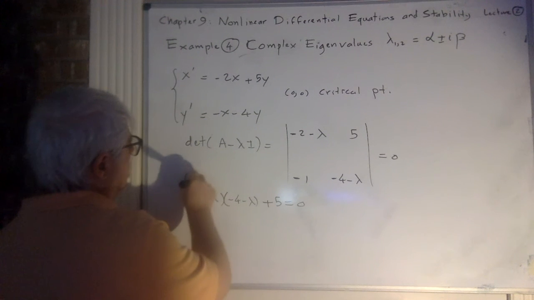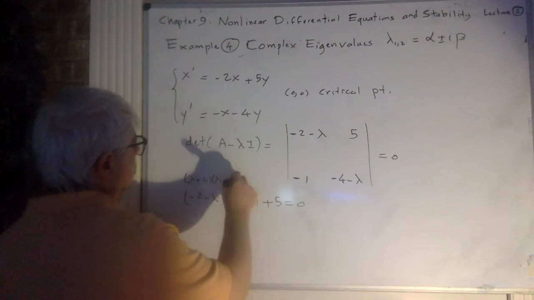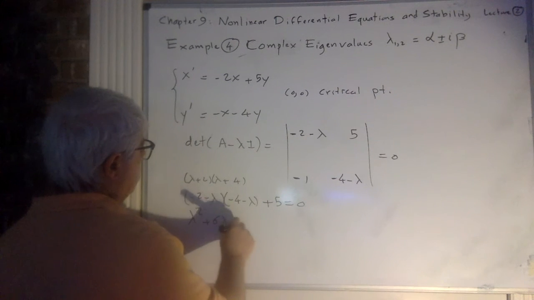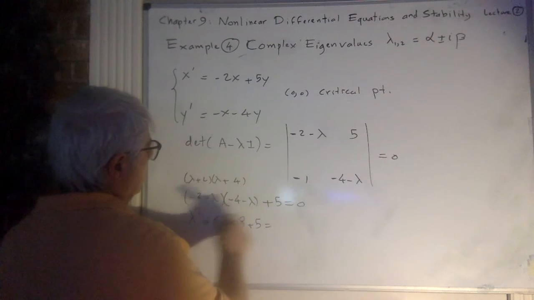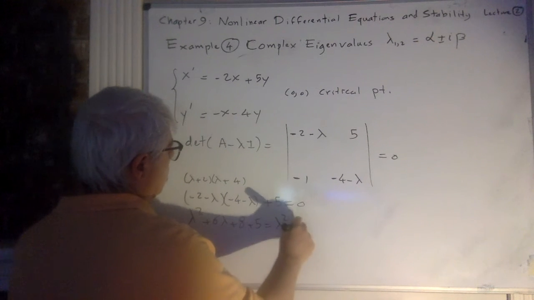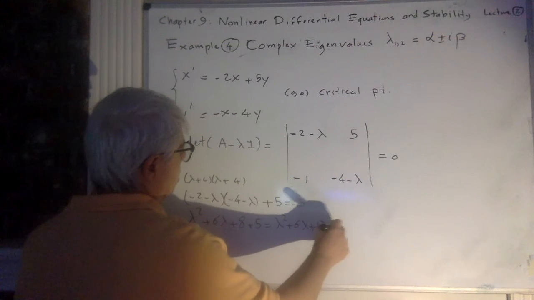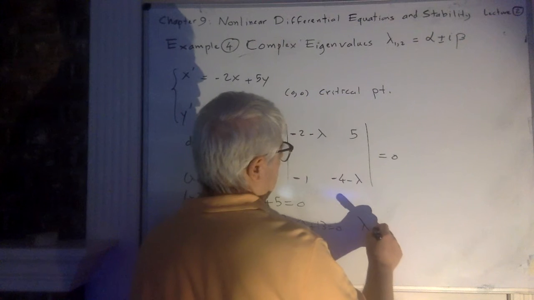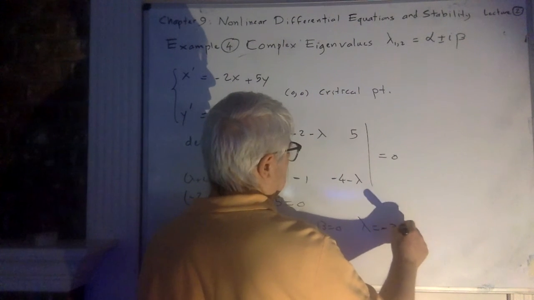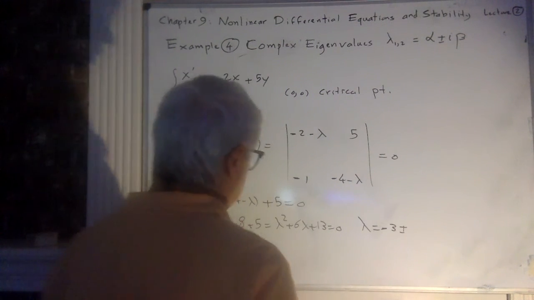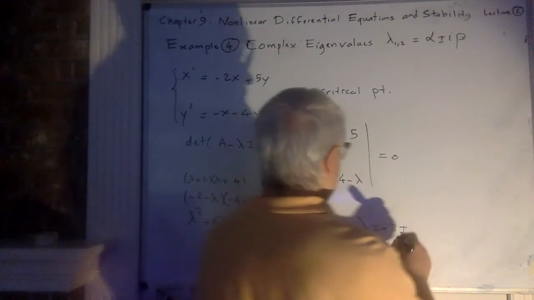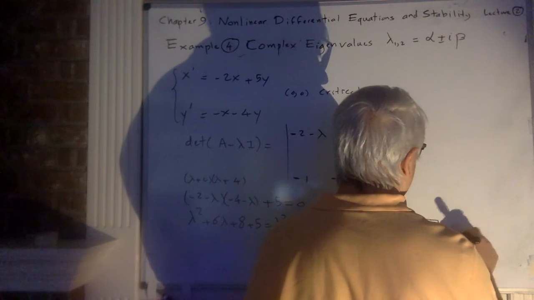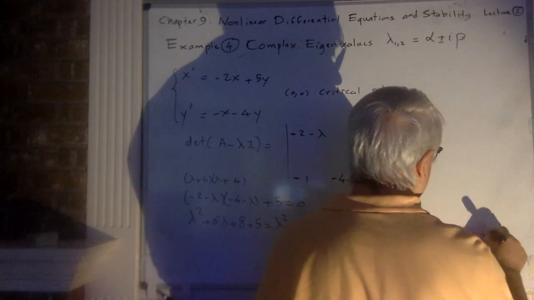So this is lambda plus 2 times lambda plus 4, so I have lambda squared plus 6 lambda plus 8 plus 5, which is lambda squared plus 6 lambda plus 13 equal to 0. So using the quadratic formula, lambda is minus 3 plus minus the square root of 3 squared, which is 9, minus 13, and that is minus 3 plus minus 2i.